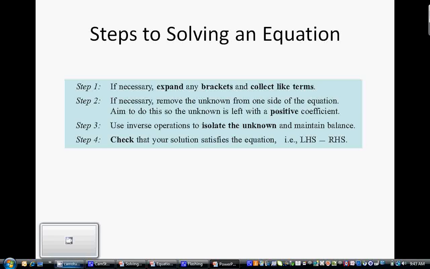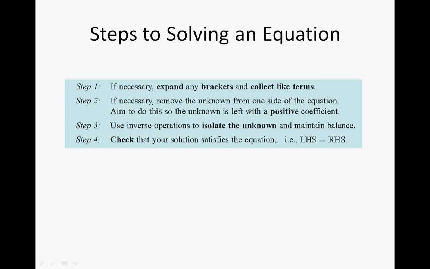These steps are some guidelines for solving all types of equations. Step 1: if necessary, expand any brackets and collect like terms. Step 2: if necessary, remove the unknown from one side of the equation. Aim to do so that the unknown is left with a positive coefficient. We'll see some examples that describe that. Step 3: use inverse operations to isolate the unknown and maintain balance.